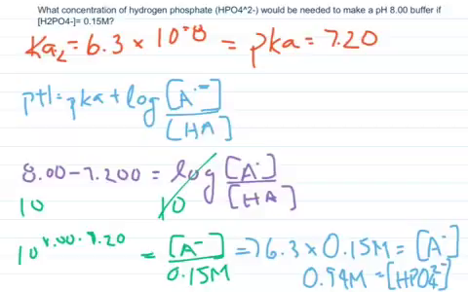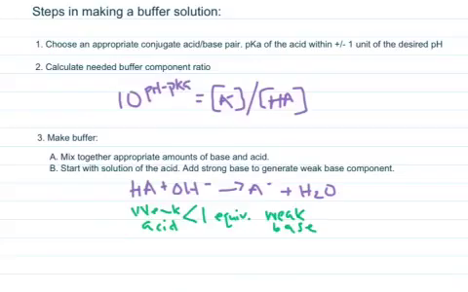So now let's talk about the steps in actually making a buffer solution. First, choose an appropriate conjugate acid-base pair. The pKa of the acid should be within plus or minus 1 unit of the desired pH. Now you want to calculate the needed buffer component ratio. That would be 10 to the pH minus pKa is equal to the base over the acid.